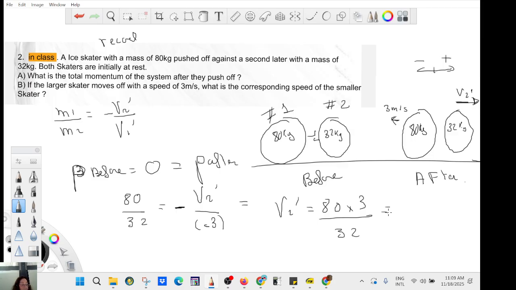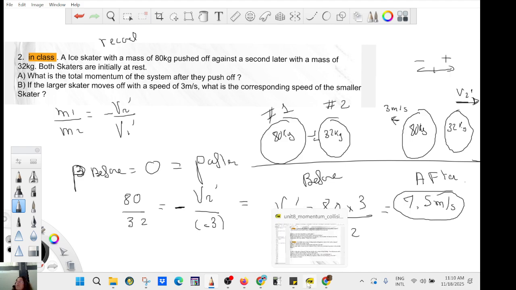Agree? 80 times 3. What is that? 7.5. 7.5. Thank you. So it's the same ratio for the mass. My calculator.